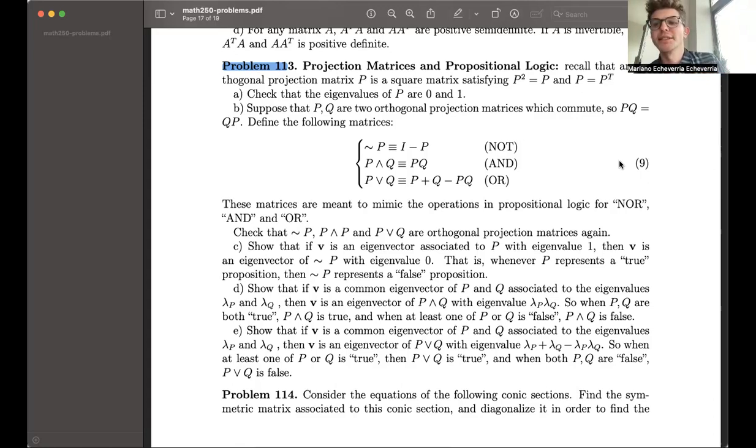But what makes quantum mechanics interesting is that things do not commute, which is related to the Heisenberg uncertainty principle. So you actually have to use projection matrices which do not commute.